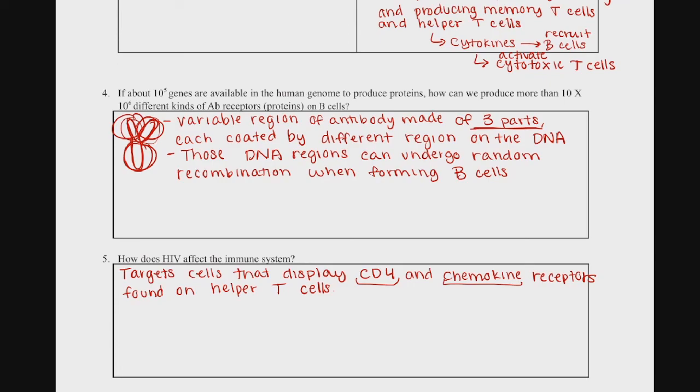What I mean by recombination is that there's a possibility for genes to switch over and recombine, and all I was trying to say by that is that it gives us even more opportunities and more kinds of antibody receptors and proteins versus DNA. We only have so much DNA, but we can make a bunch of different proteins on B cells because we have recombination, we have different parts on the genes, and we have 3 different variable segments on the antibodies. So we have a lot of variability in our antibodies, which is why they're so effective against a bunch of different pathogens. Does that make sense?